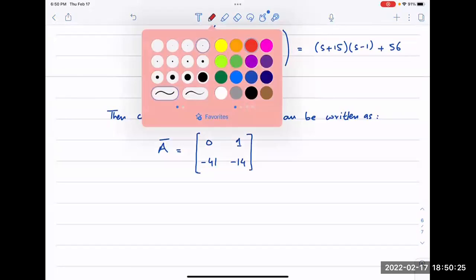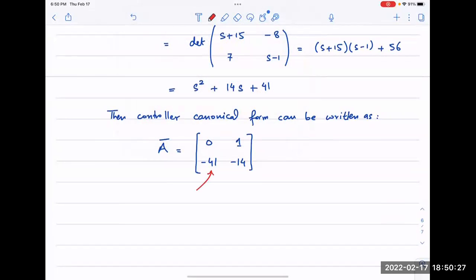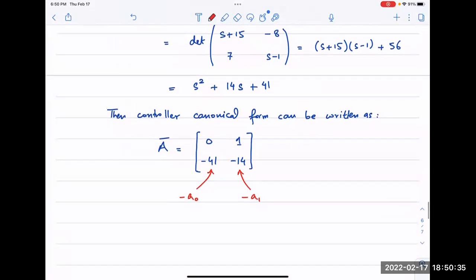And remember, this is -a0, and this is -a1.